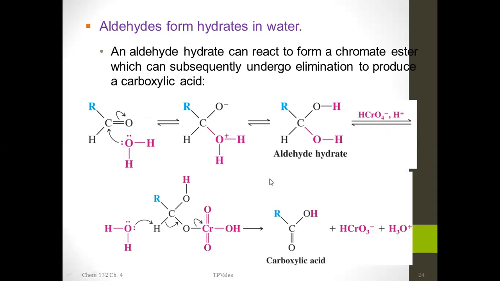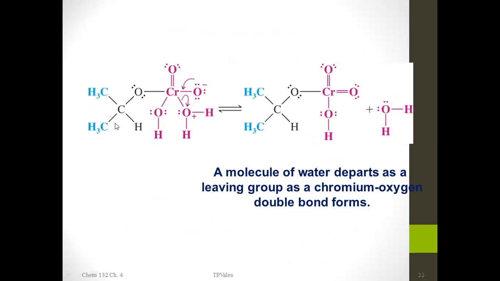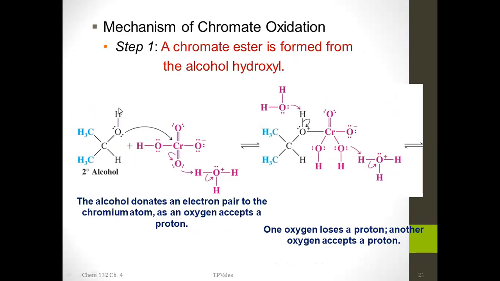The oxygen attacks the chromium using its electrons, and you get the chromate ester with CrOOH. Further, it is deprotonated. Once you get to this part, it is the same as in the alcohol case.